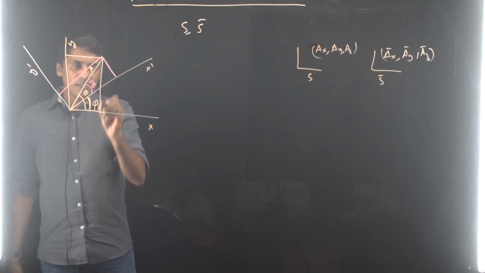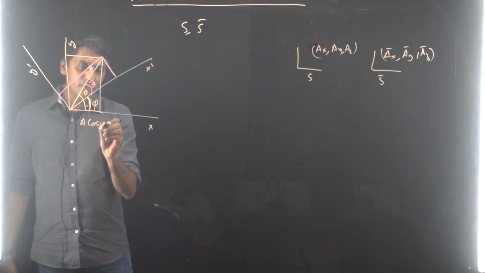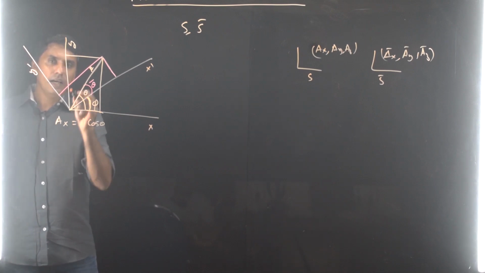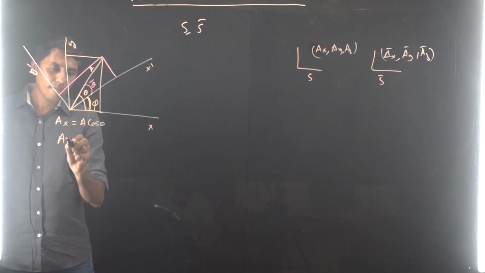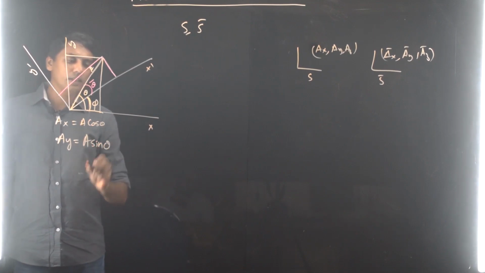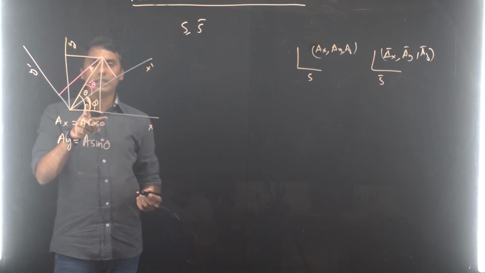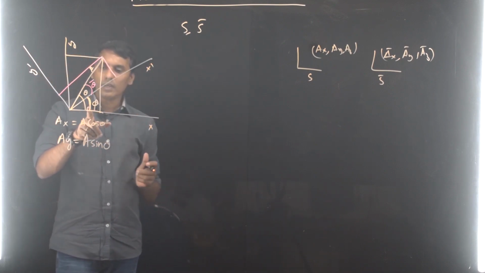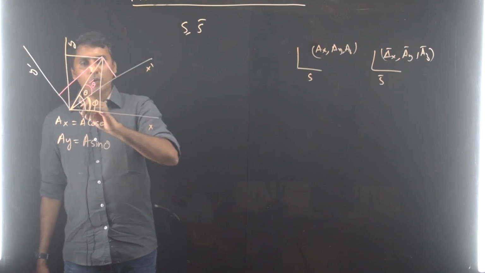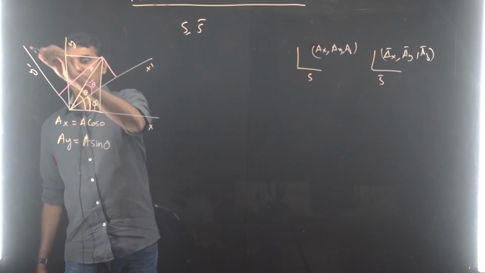You can see that Ax will be A cos theta, and similarly Ay will be equal to A sin theta, okay. In the S bar coordinate system, the coordinates are x bar, which I just wrote as x prime, and y prime.